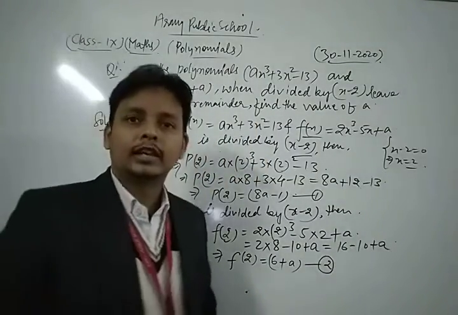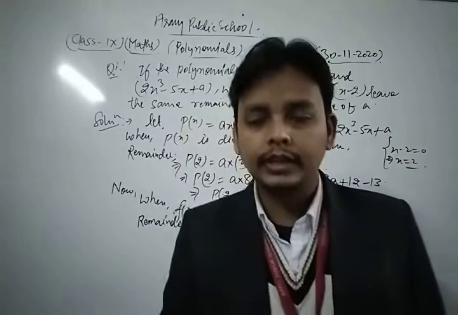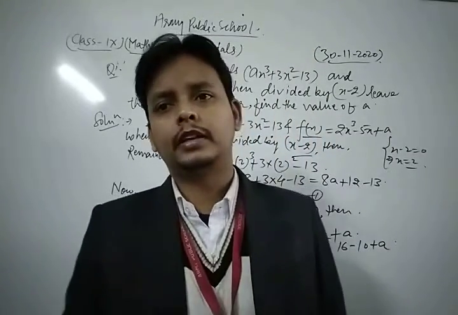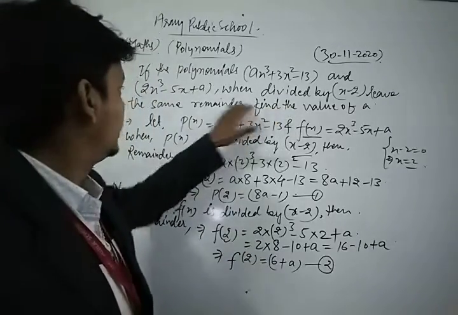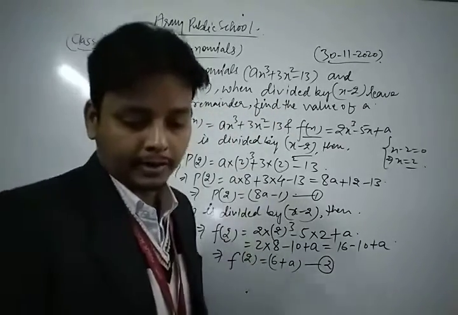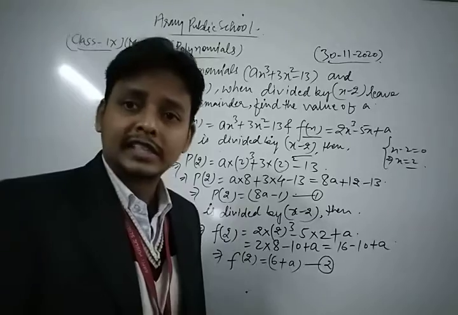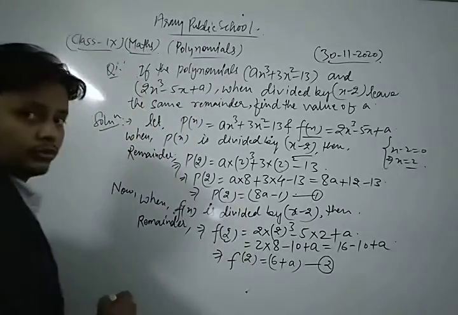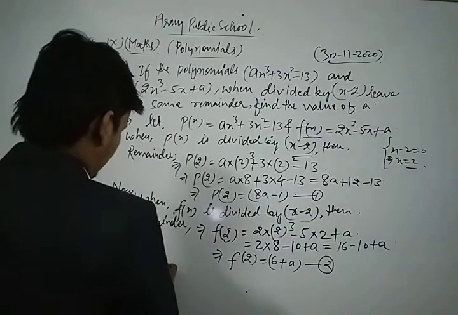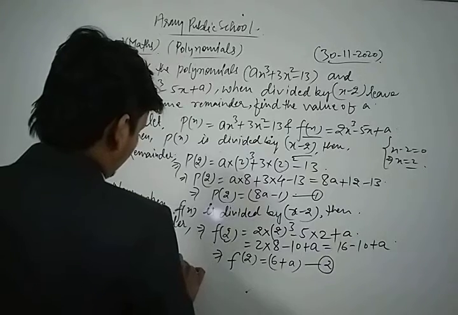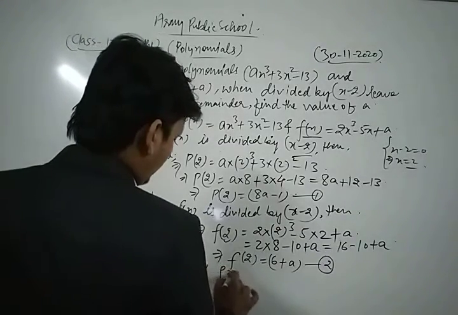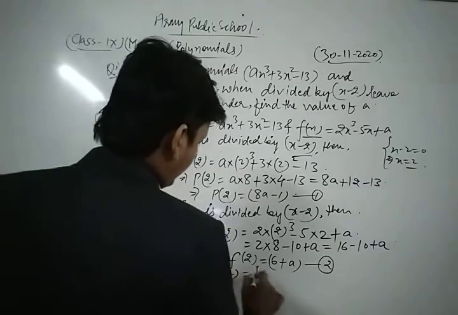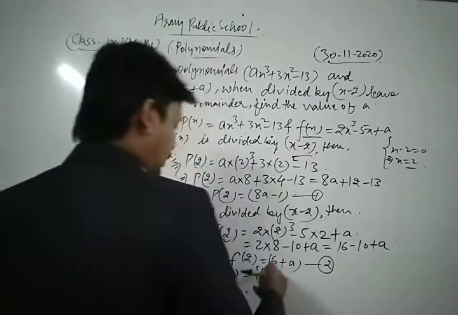Now, dear students, according to the question, in both cases we find the remainder, and they leave the same remainder. Thus, using equations 1 and 2, p(2) must be equal to f(2) according to the question.